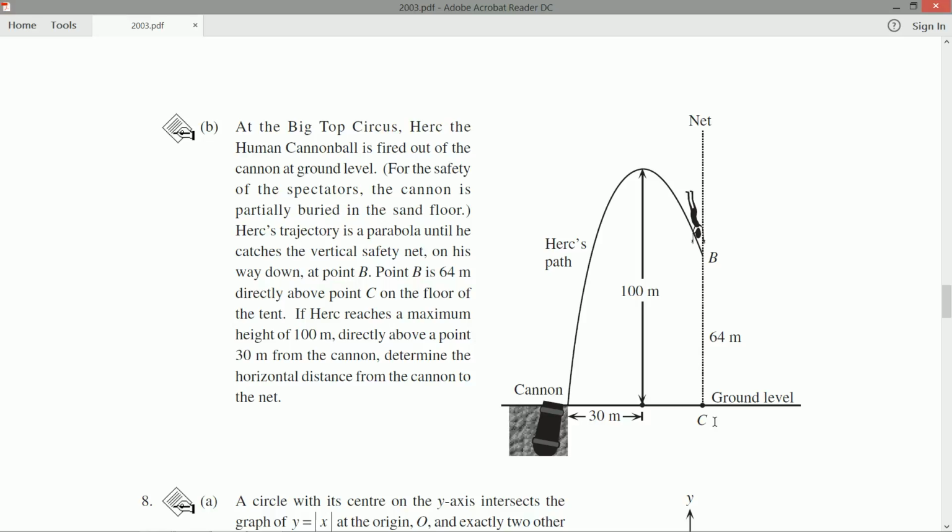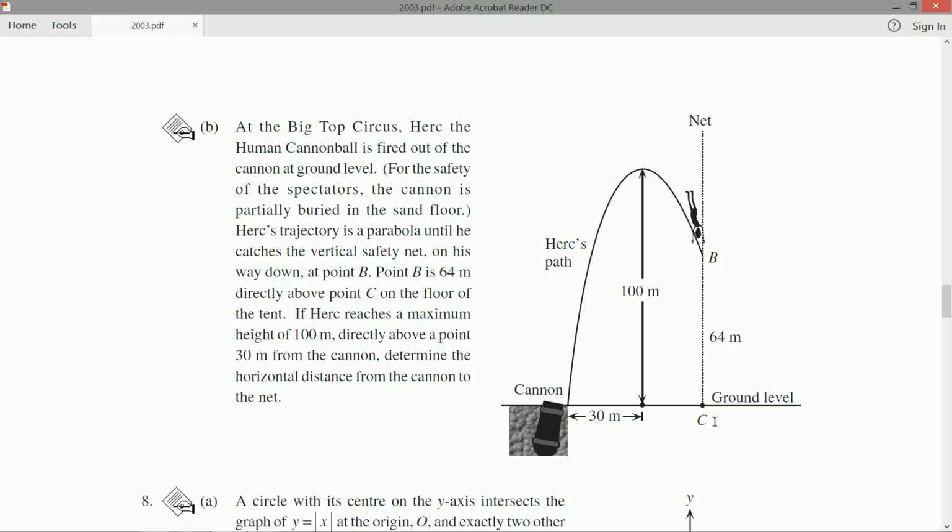So the nice thing here in this question is we have a parabola. That's Herc's path. And we can almost see that the ground level might stand in for an x-axis. And I think we could probably get the equation of a parabola from here.